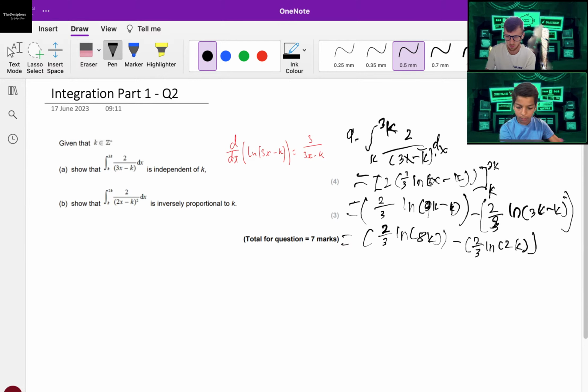So then it doesn't look independent of k at the moment because we've got k in it. So what do we need to do next?